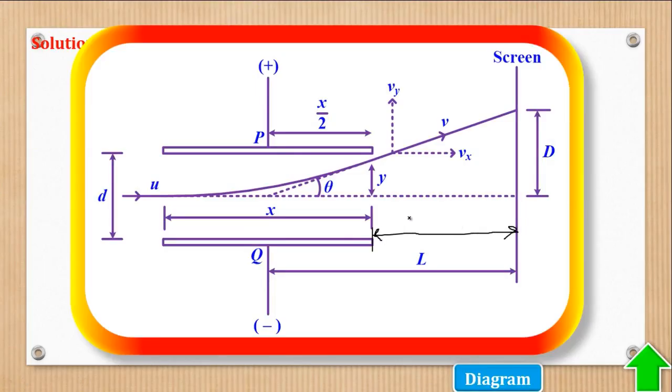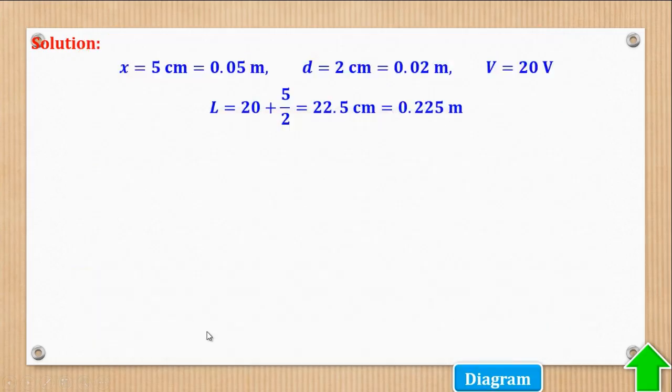Okay, that is 20. But there is also this distance, which is a half x, and our x was given as 5, meaning a half x will be 5 over 2. So that explains why we are saying 20 plus 5 over 2 to get the value of capital L. Then at the end we convert to meters.